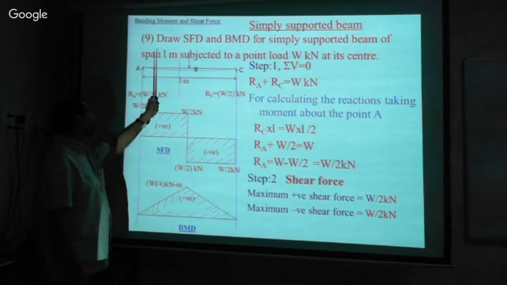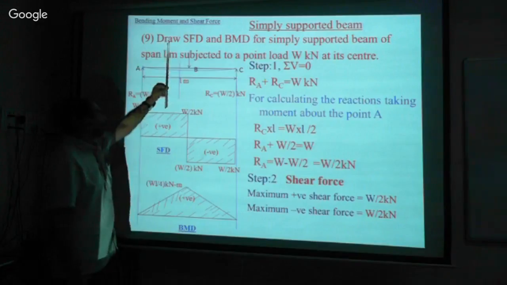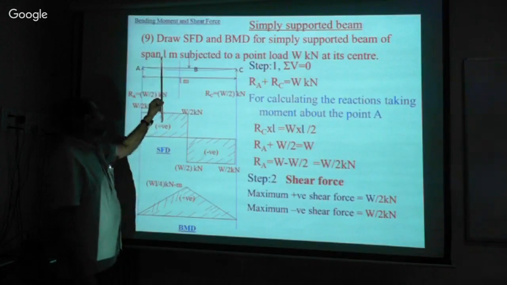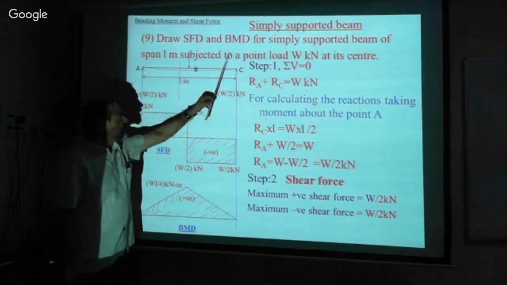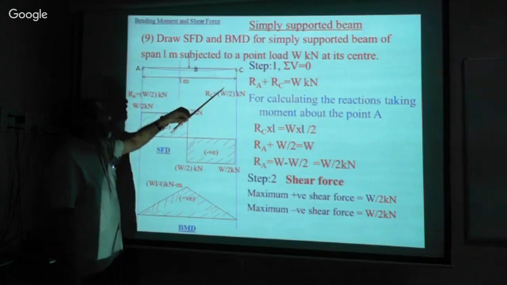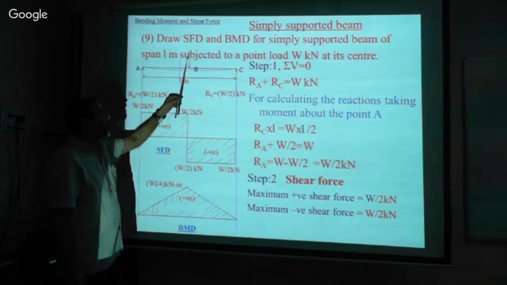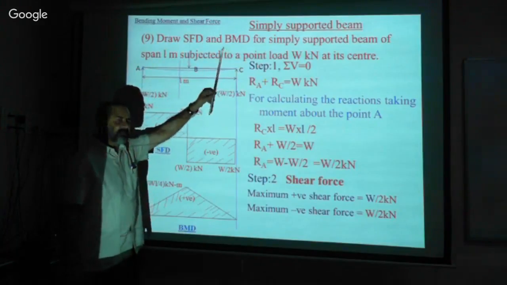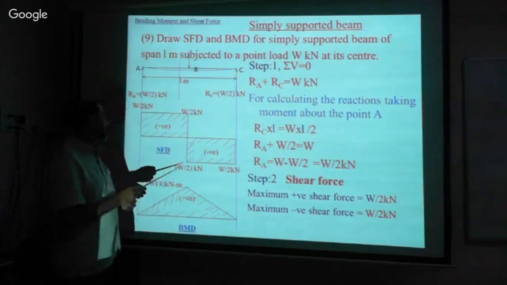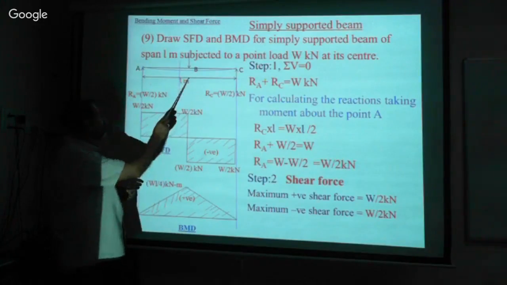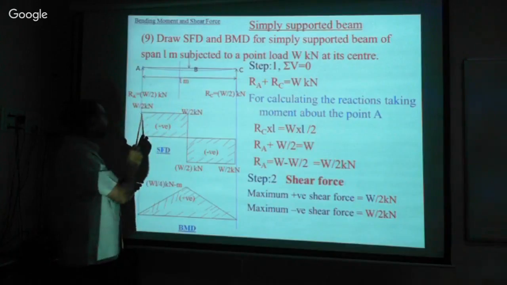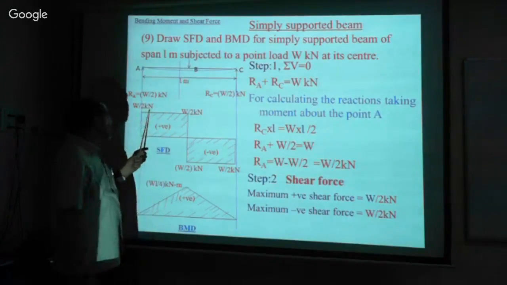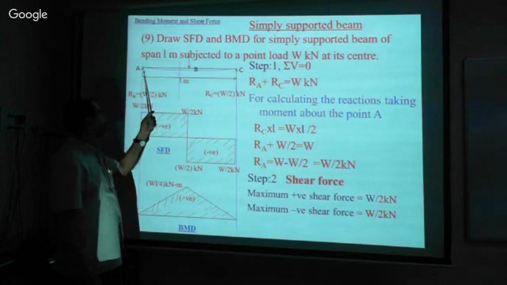If you calculate the shear force at any point, considering the left hand side, W by 2 is acting upward. Considering the right hand side, W is down and W by 2 is up, so the net is W by 2 downward. Therefore, at all points from A to B, the shear force is W by 2 kilonewton.